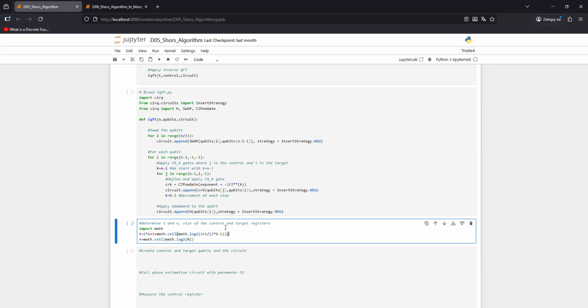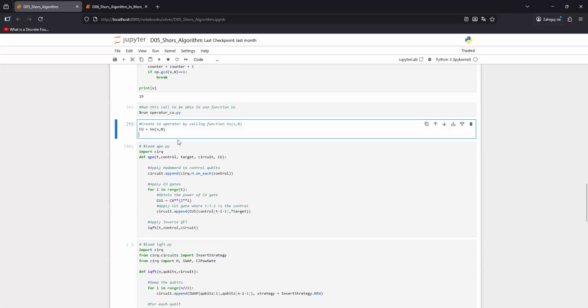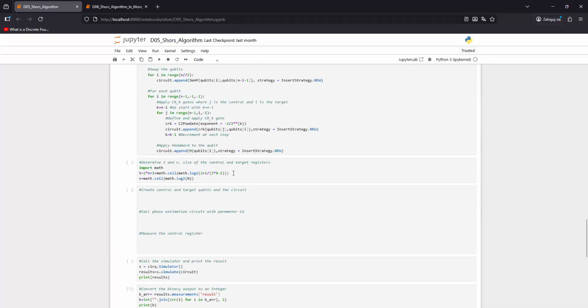Yes, so we talked about the more numbers after the decimal point we have, the more accurate will be our estimation of the eigenvalue of our operator that we created here. But getting too many of them would be computationally expensive.